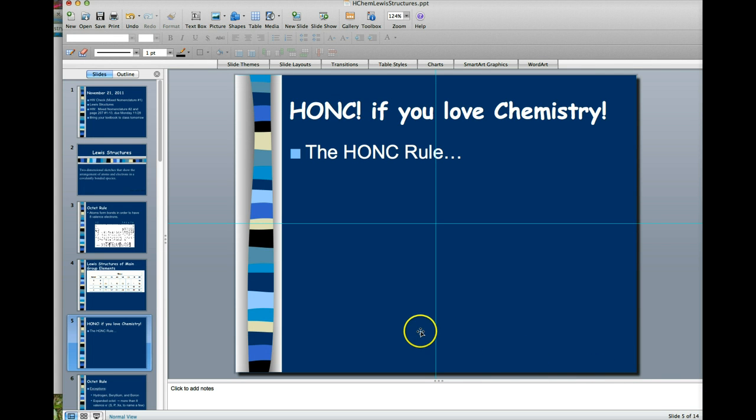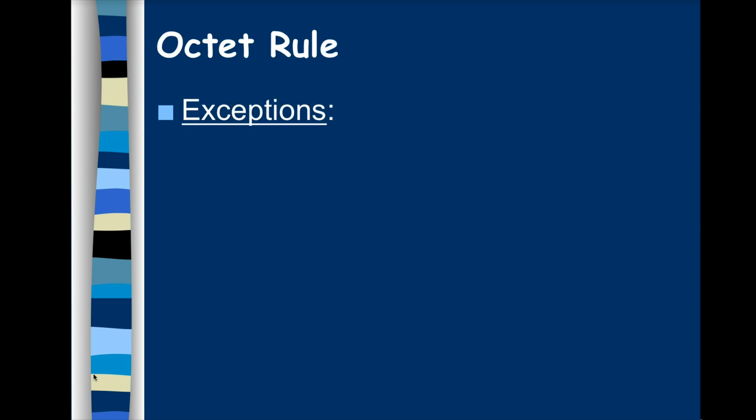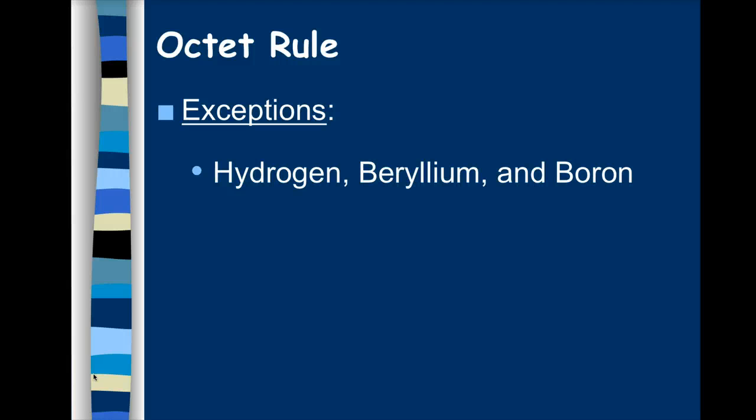Alright, so that's the Honk rule for generalities here. And what we're trying to do is to satisfy the octet rule. Now, there are some exceptions to the octet rule, and here are the elements to look out for. Hydrogen, beryllium, and boron.